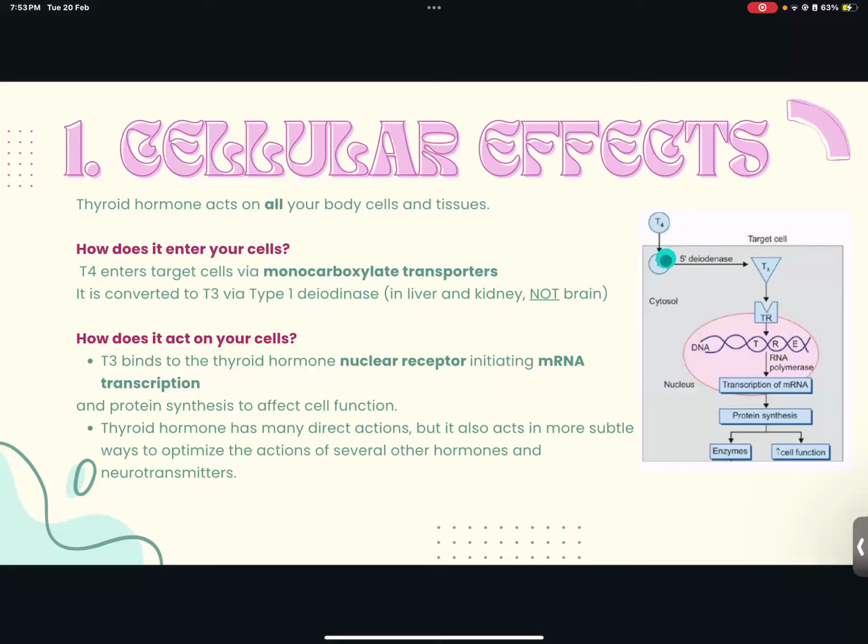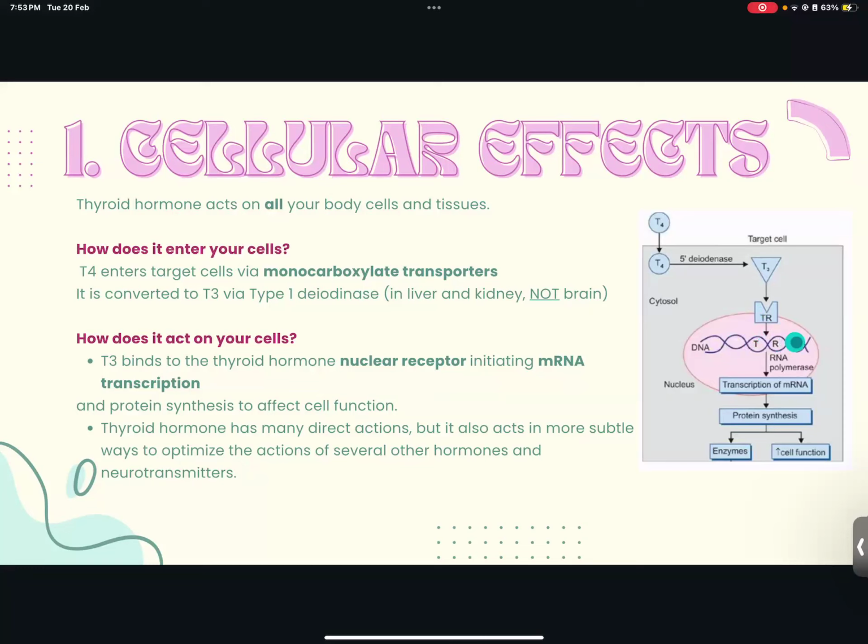Now, how does it act on your cells? Once it finds its way into the cells and it's deiodinated into T3, it's going to bind onto a nuclear receptor, a receptor on the nucleus of the cell. This receptor is going to start activating transcription factors and initiate mRNA transcription.